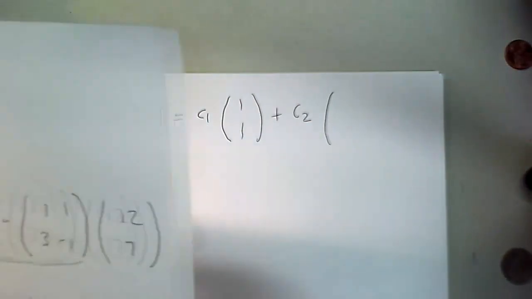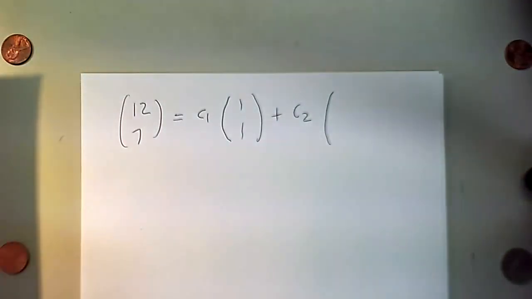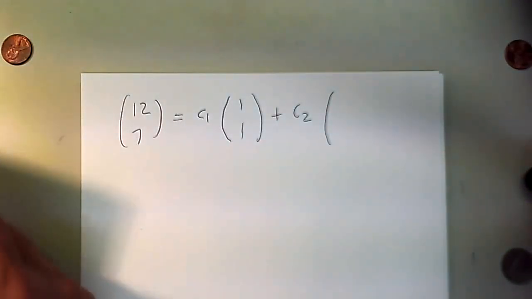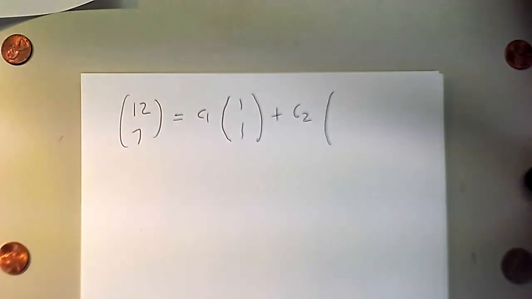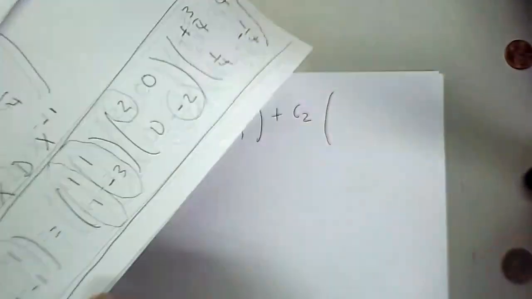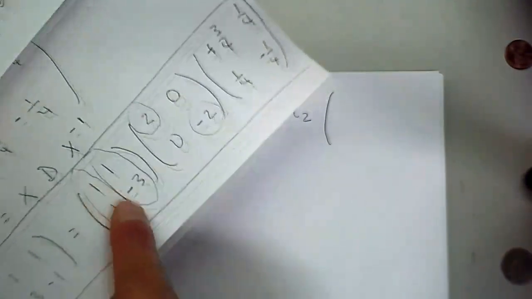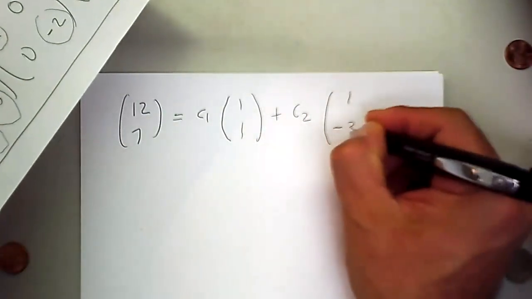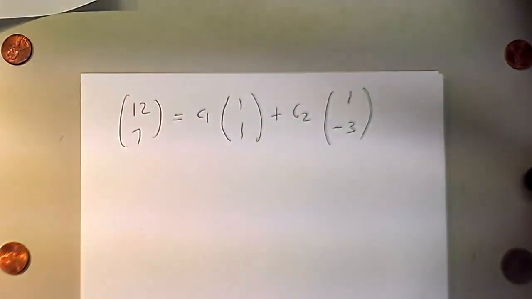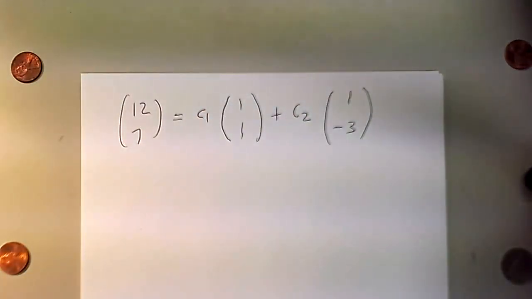What was the other eigenvector? Let me go back to the end of example 1. There it is. The eigenvectors are 1, 1 and 1, negative 3. And we want to find a linear combination of those.